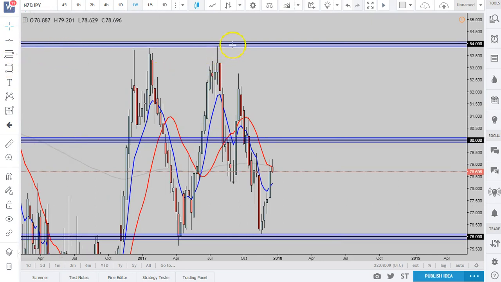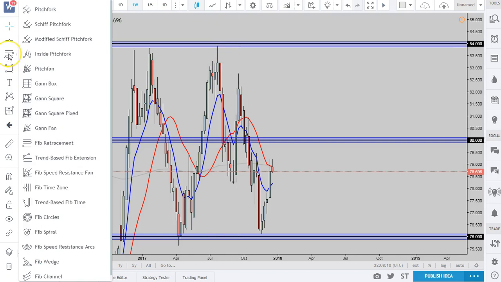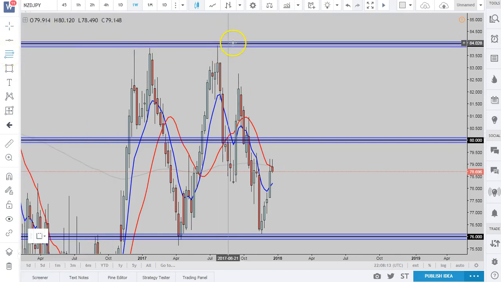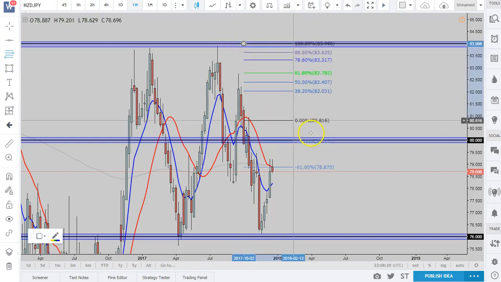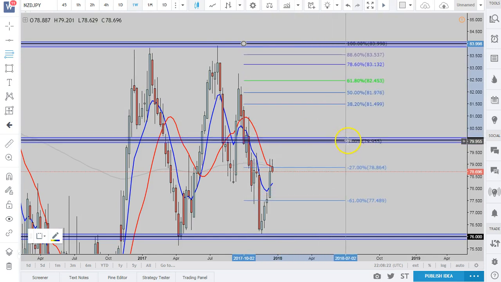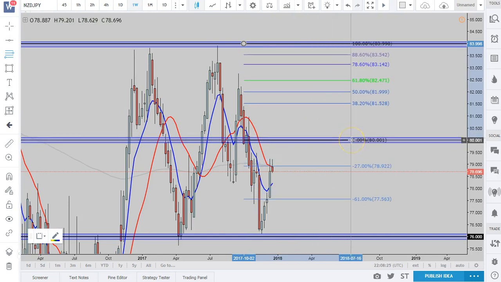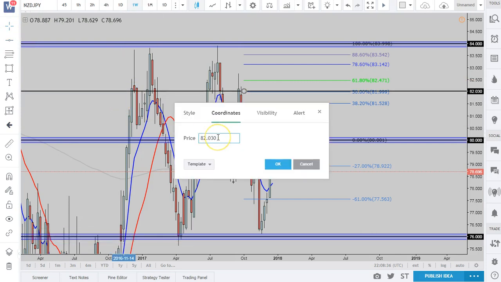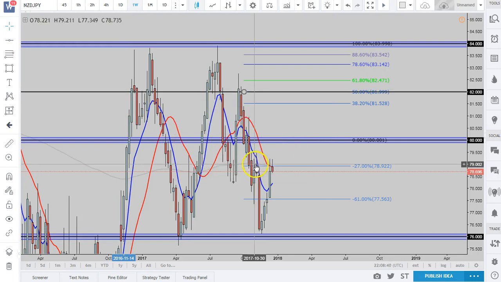On the weekly time frame, we are going to go to the Fibonacci tool. Draw a Fibonacci from where we have the black line to the next one. The next one is this, and then we are going to put this right at 82.100, which happens to be a minor level. 82.100, bang.